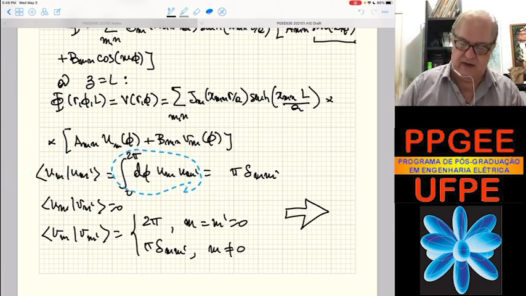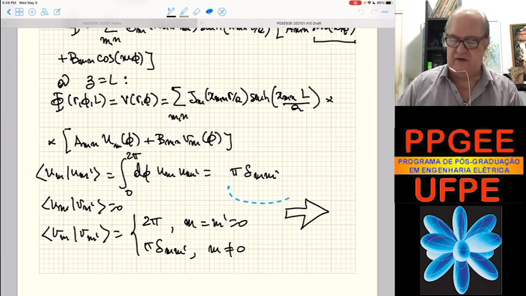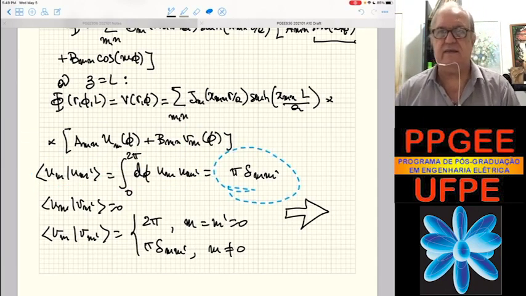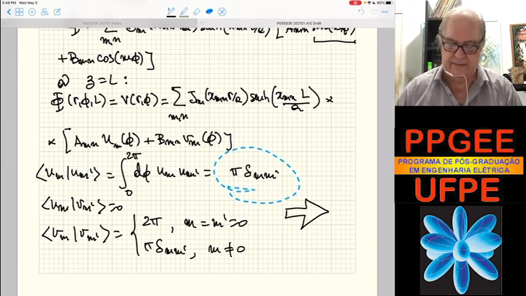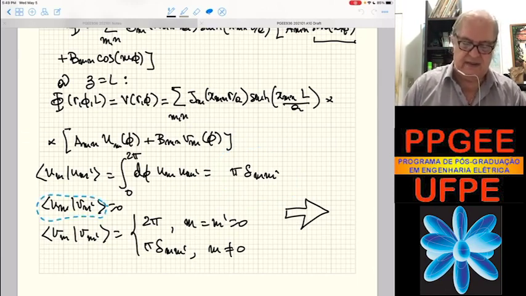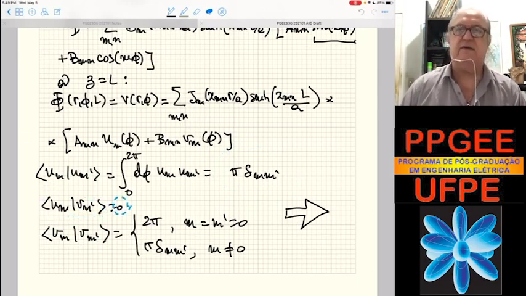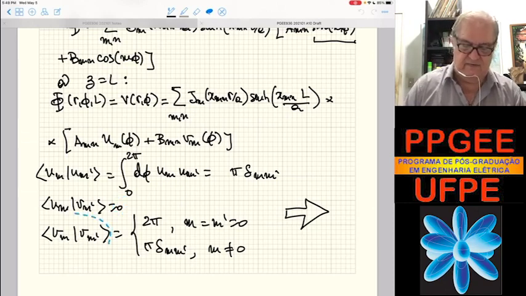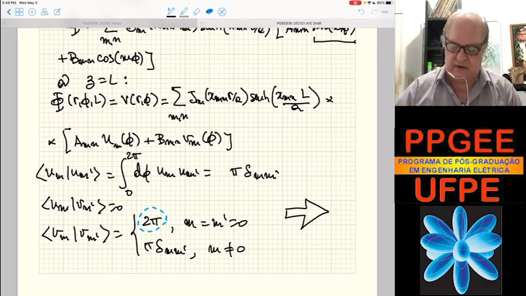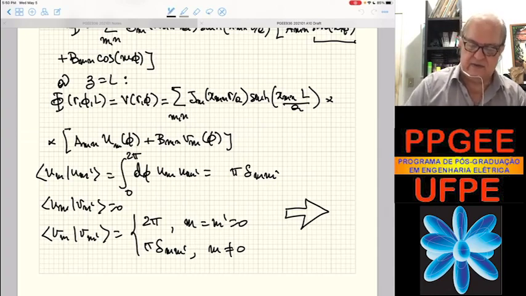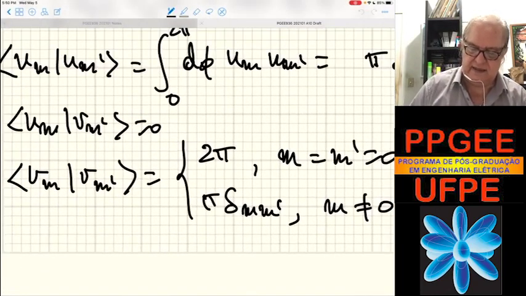They are orthogonal, right? The sine functions, when they are equal, the integral gives pi. U and V, cosine and sine, they are orthogonal. And V depends on whether the index is 0 or not. It's going to be 2 pi if the index is 0, or pi otherwise. So you can also do this in a single equation.